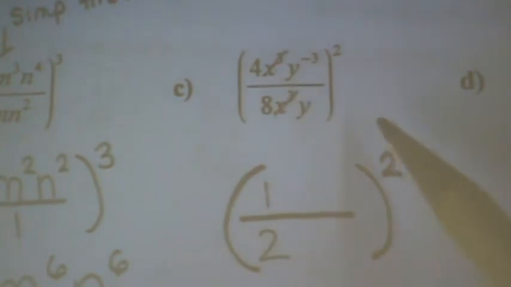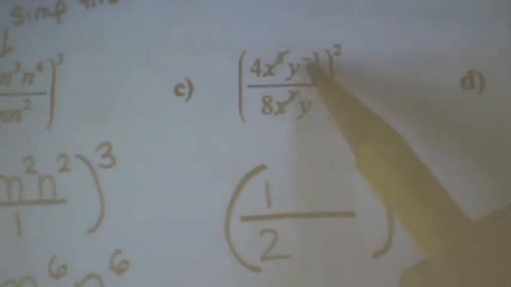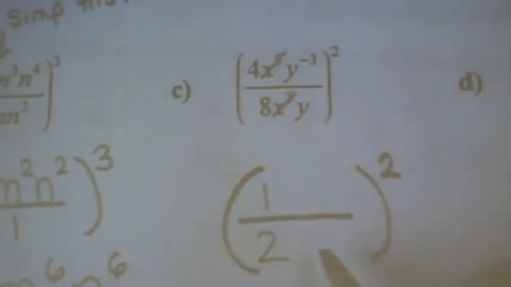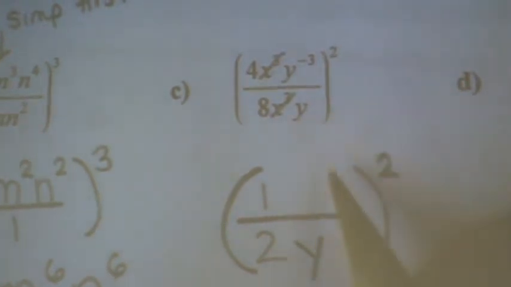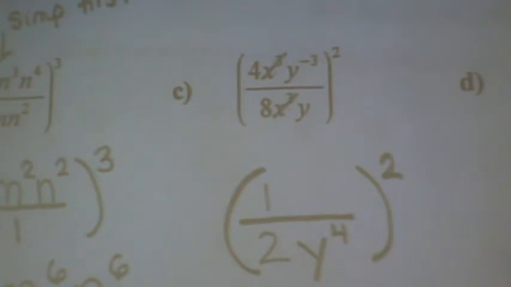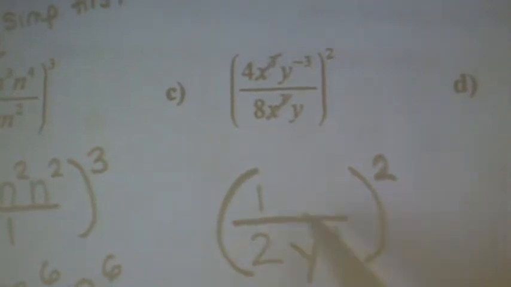What would you do with these y's? I would bring the y to the -3 down and add it to this y that's already here, so it'd be y to the 4th, right? Now what do you do? You gotta square everything. What's 1 squared? 1. What's 2 squared? 4. And y to the 8th. That's your answer.